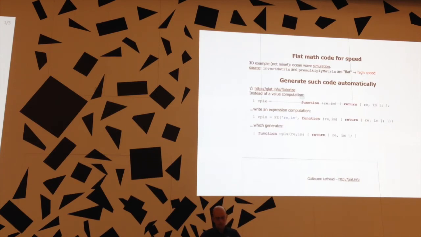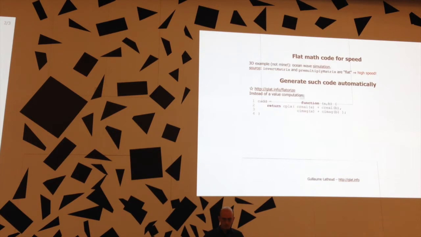And the code I wrote can generate optimized code for you, which in this case is not very exciting because you cannot optimize more than that. But you can build on top of that. For example, let's add two complex numbers. We can still write it in a clear way, very encapsulated.